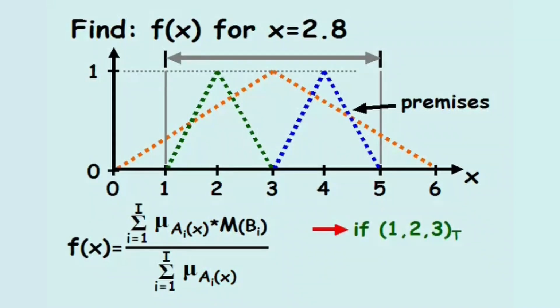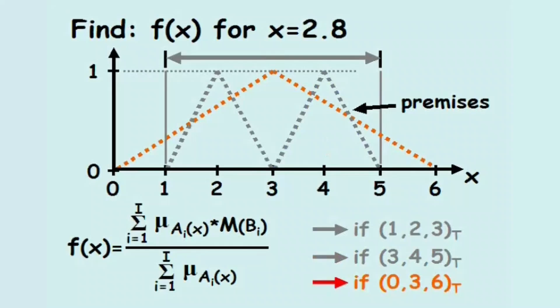For the first premise, 1, 2, 3, t, the slope changes occur at 1, 2, and 3. For the second premise, 3, 4, 5, t, the slope changes occur at 3, 4, and 5. And for the third premise, 0, 3, 6, t, the slope changes occur at 0, 3, and 6.